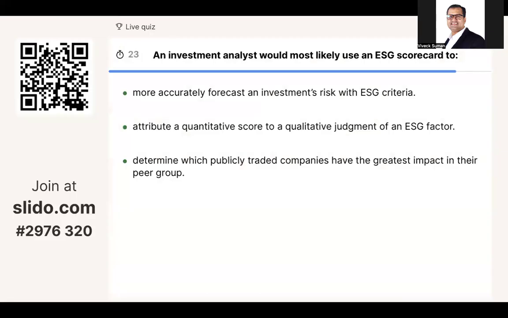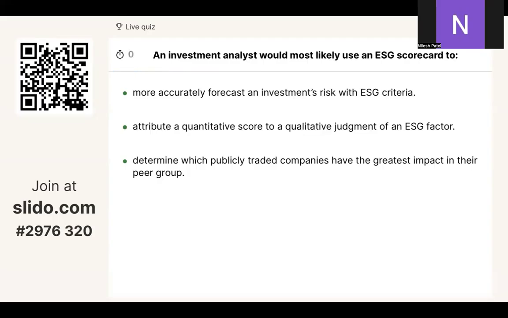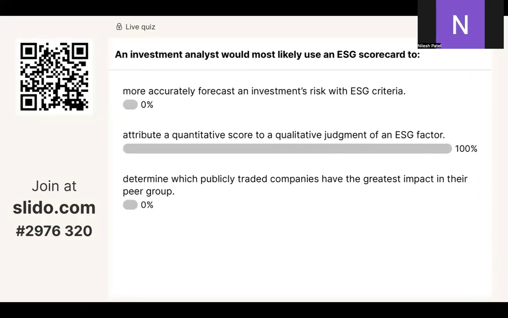Third question. Anybody can read. Who wants to go ahead? Nilesh, why don't you read it? An investment analyst would most likely use an ESG scorecard to: most accurately forecast investment risk with ESG criteria, attribute a quantitative score to a qualitative judgment of an ESG factor, or determine which publicity.